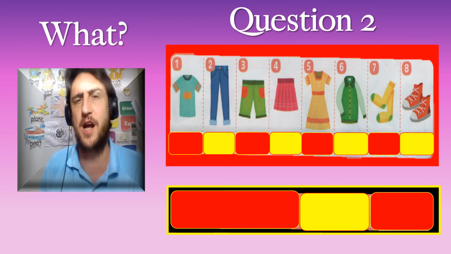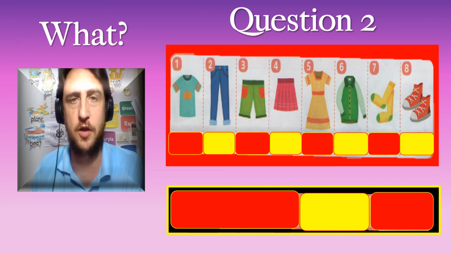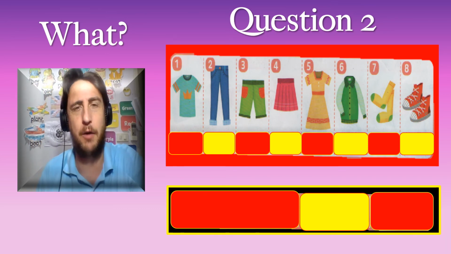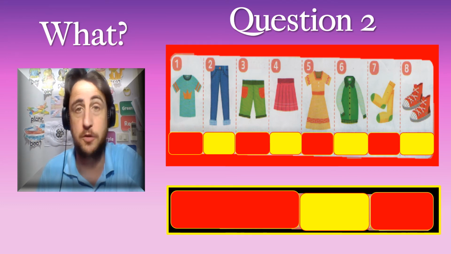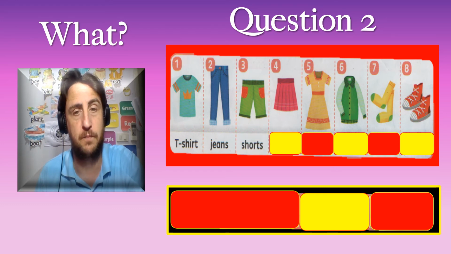But we have 8 new words we have to learn in unit 6. So what are our 8 new words? Number 1, T-shirt. Number 2, jeans. Number 3, shorts.